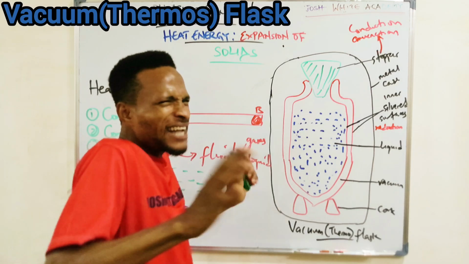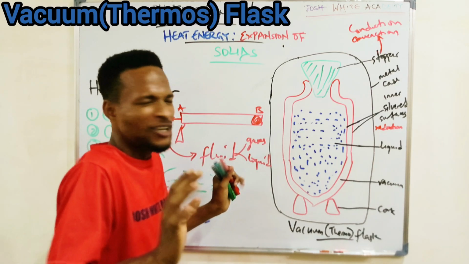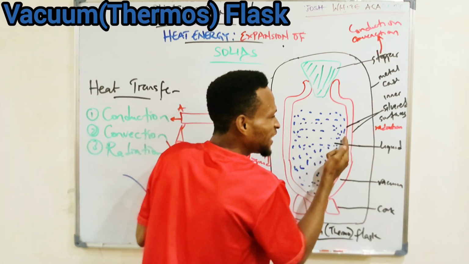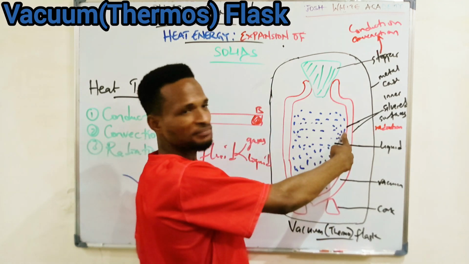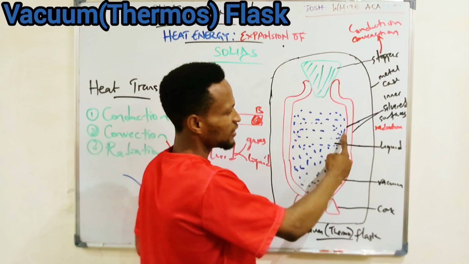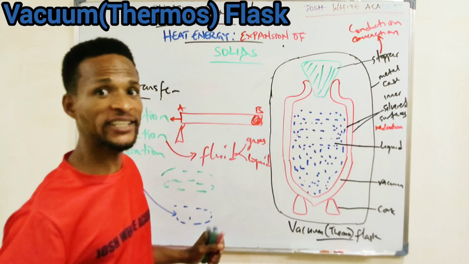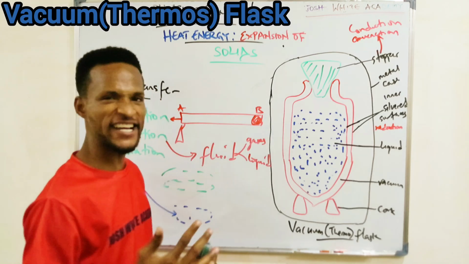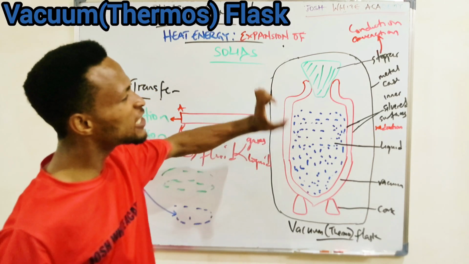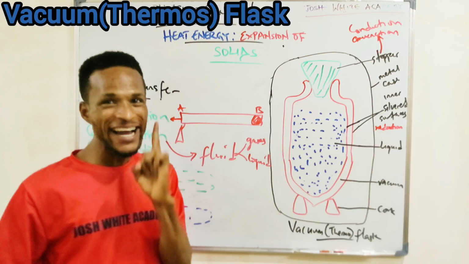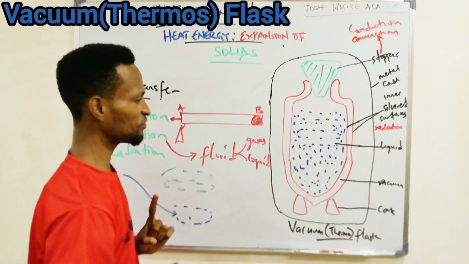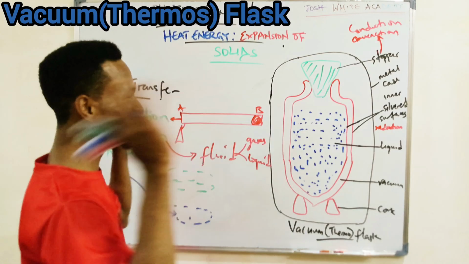They are bad absorbers. So the heat radiating from one part of this surface is hindered by the second part, because it is silver coated, is silver painted. So it prevents heat loss by radiation, because they are good reflectors of heat.